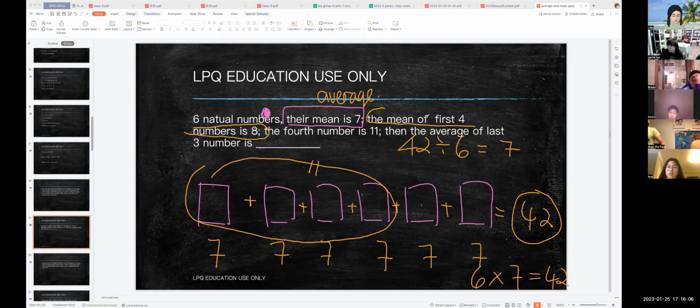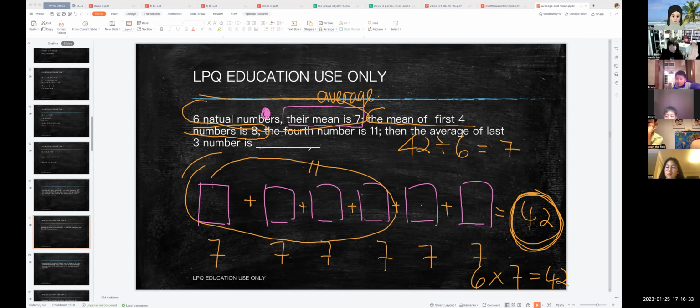Very good. You are basically reading the sentence. I want you to get something from the sentence. For instance, the first sentence we read, the average of 6 numbers is 7. So we know these 6 numbers added together equal 42, right? And now we have the second sentence. The first 4 numbers' average is 8. Can you tell me what we get, what we imply from the sentence?